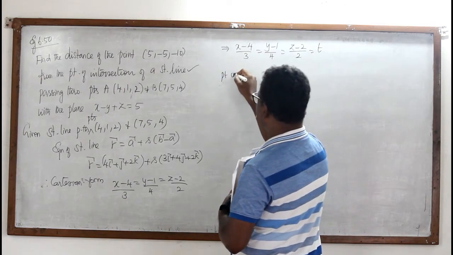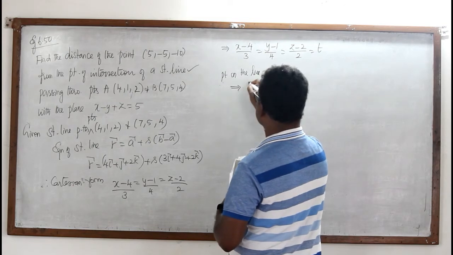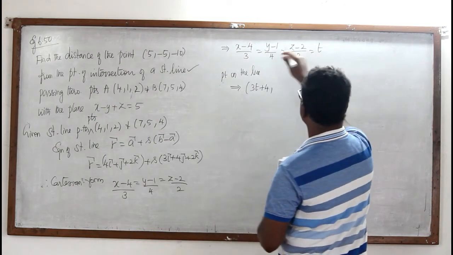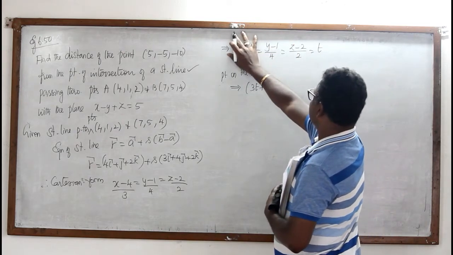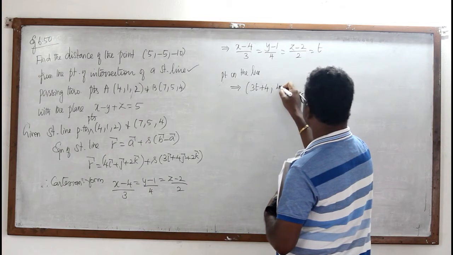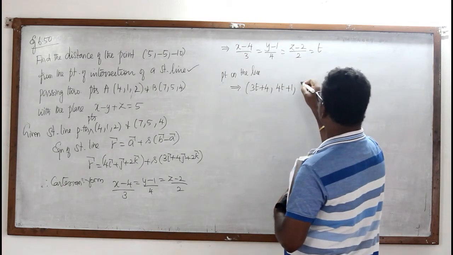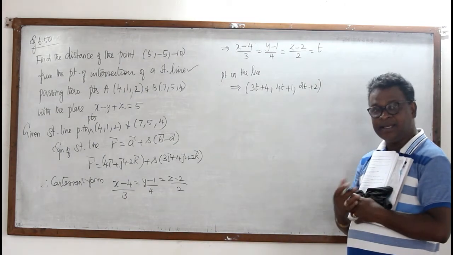Then a point on the line is 3t plus 4, correct? For x it is 3t plus 4. For y it is 4t plus 1. For z it is 2t plus 2. This is the point on the line now.